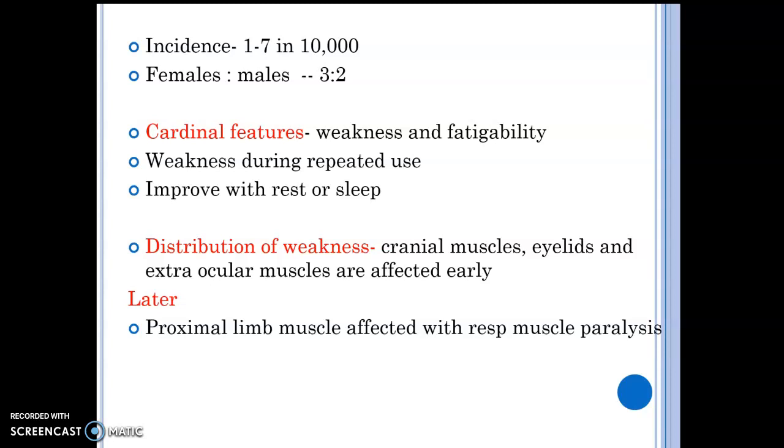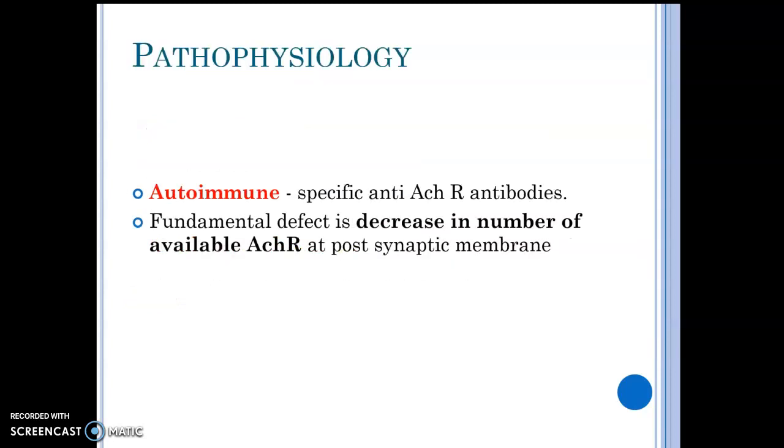That weakness will occur after repeated use of that muscle, and it will improve with rest or sleep. The main muscles affected are cranial muscles, muscles of eyelids and extraocular muscles. Later the limb muscles will be affected, and respiratory muscles will be affected.